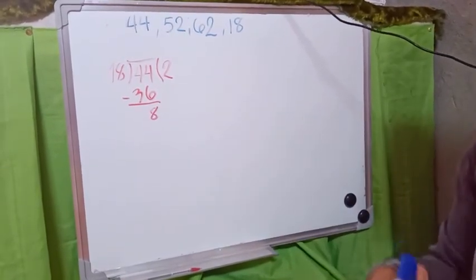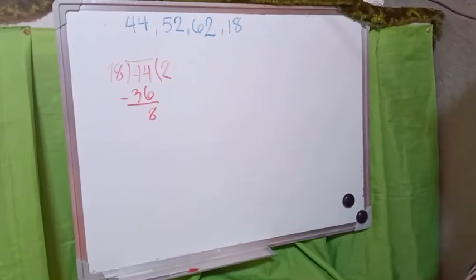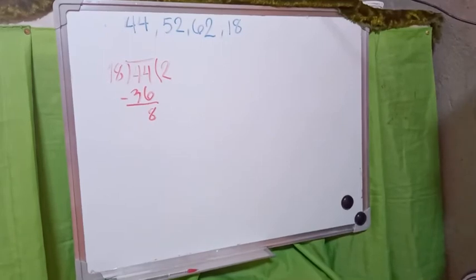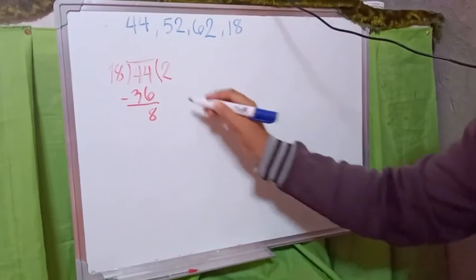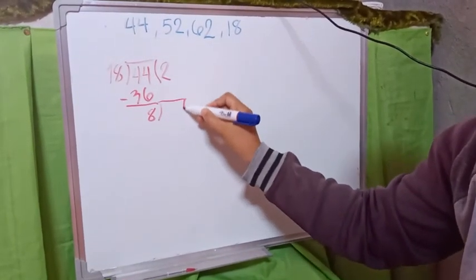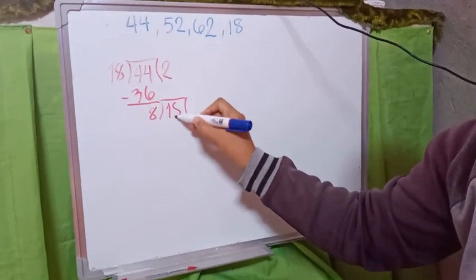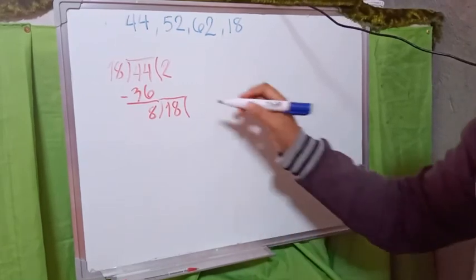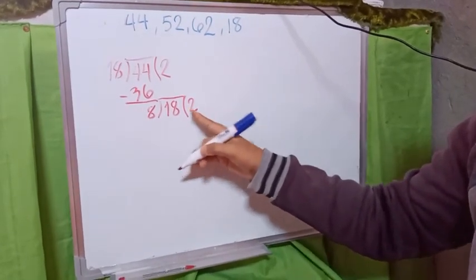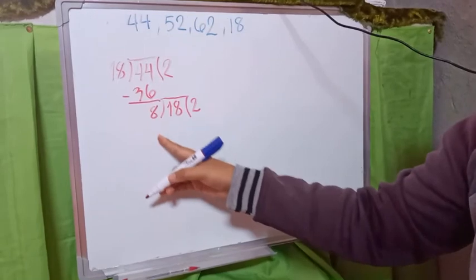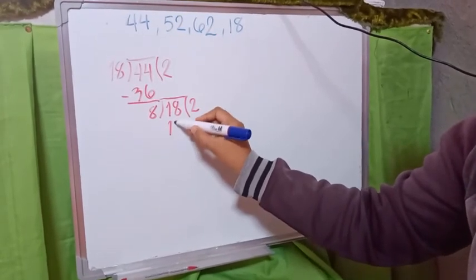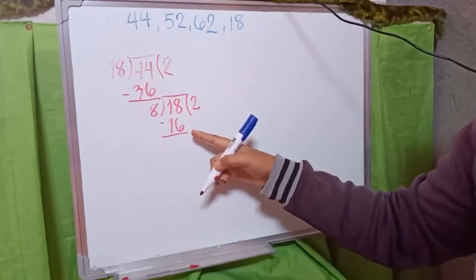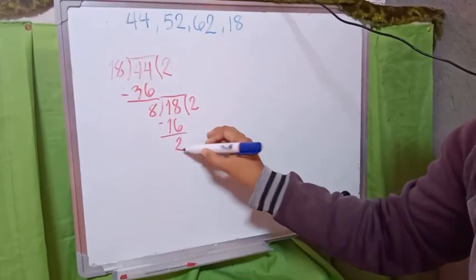So the 8 would be your remainder. So that would be your new divisor. And we will use 18 as your new dividend. 18 divided by 8, that is 2. So 2 times 8, that is 16. So we need to subtract this one. 18 minus 16, that is 2.